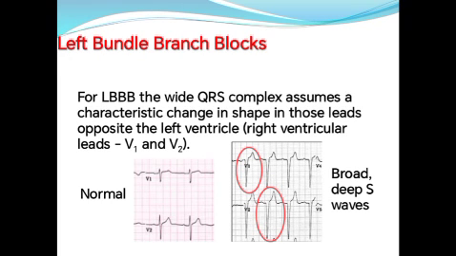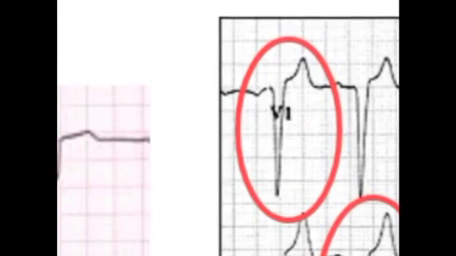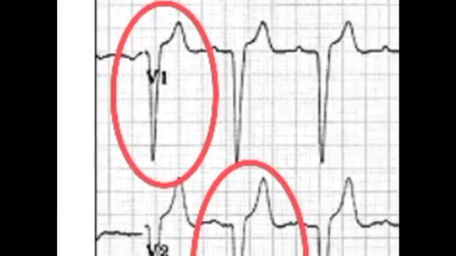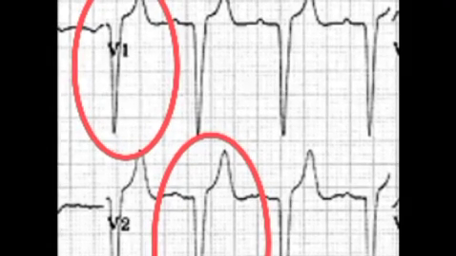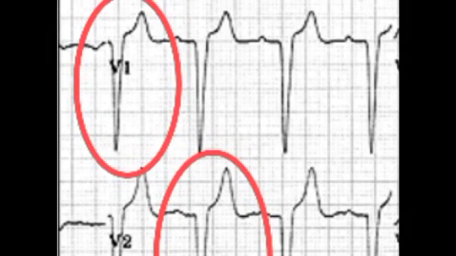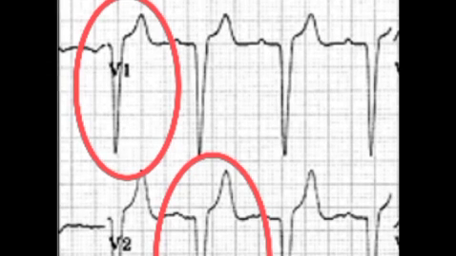For the LBBB, the wide QRS complex assumes another characteristic change in the shape in those leads opposite the left ventricle. Opposite, this means leads V1 and V2. These are called the right ventricular leads. So if you see here, we have a deep S wave because of the LBBB, the current goes from the right to the left.